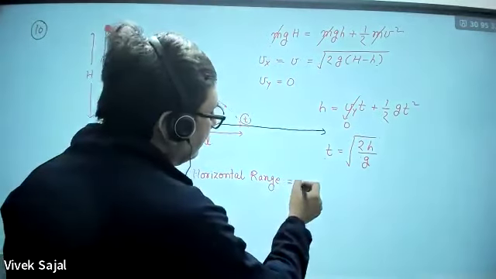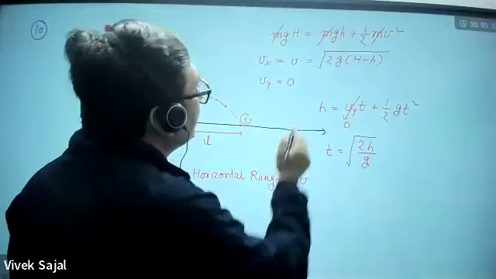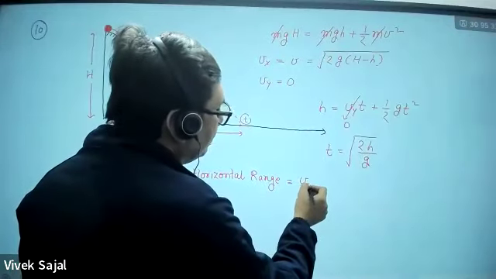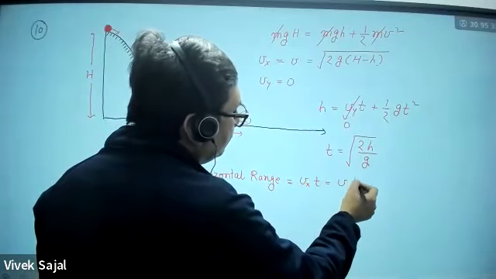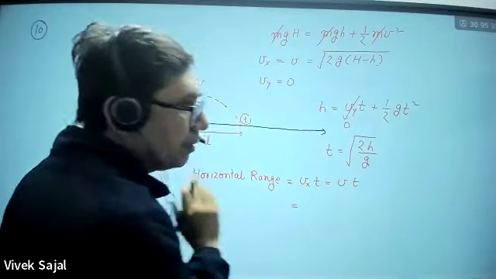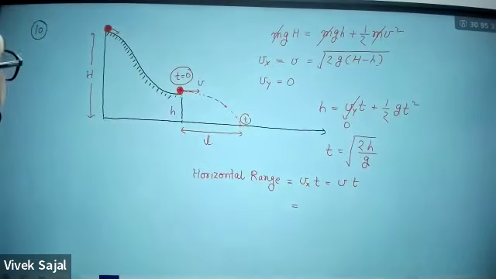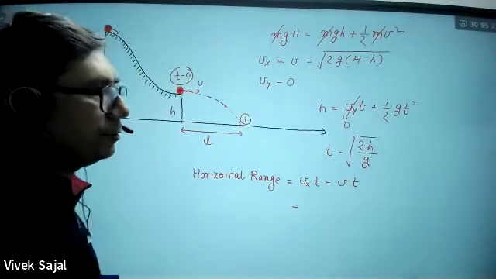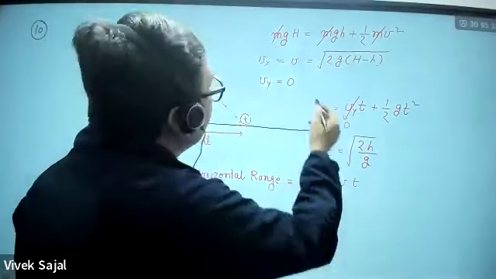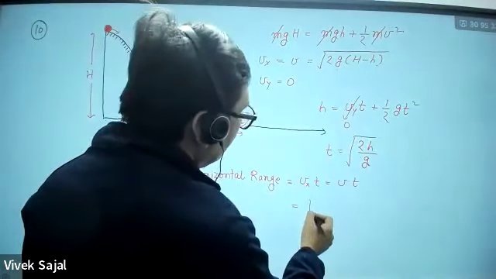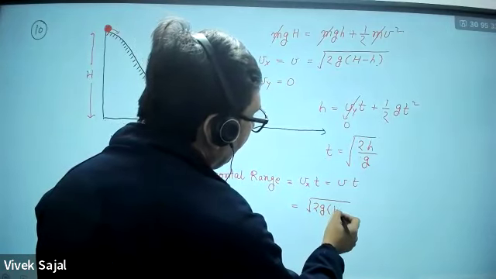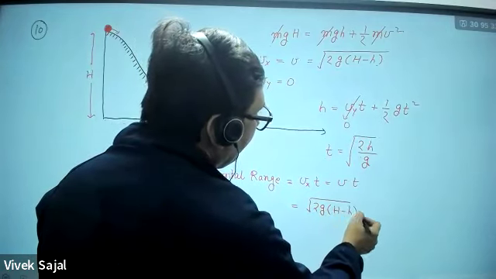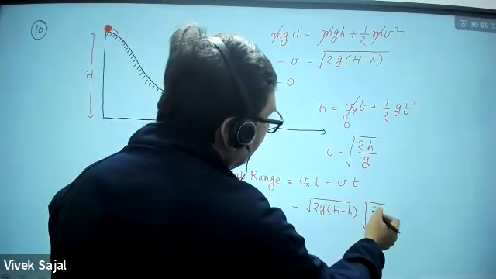So I will write v, or you can say vx, times this time t, or you can write it as v into t, because the horizontal component remains constant. So in time t, how much distance is it going to travel? v is square root of 2g(H minus h), times square root of 2h upon g.